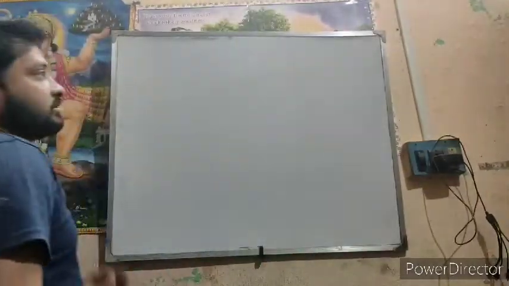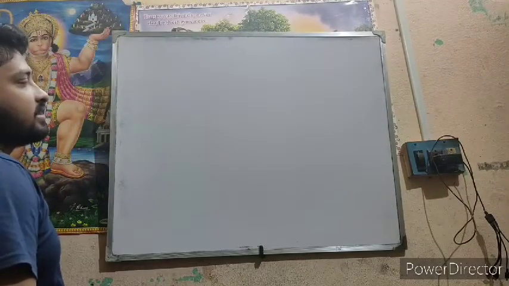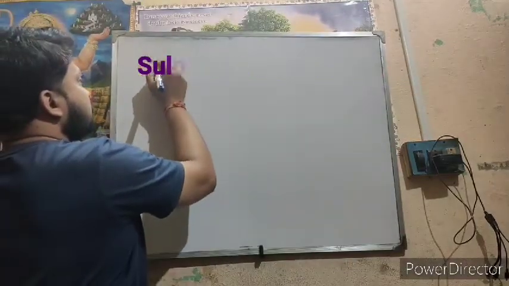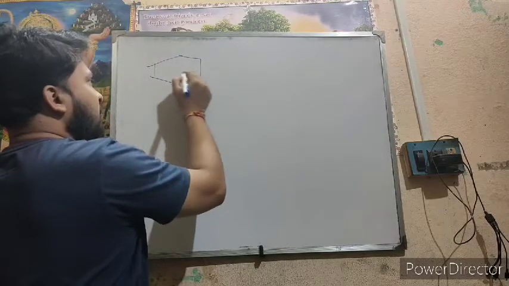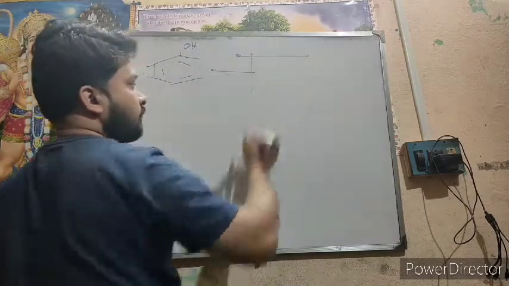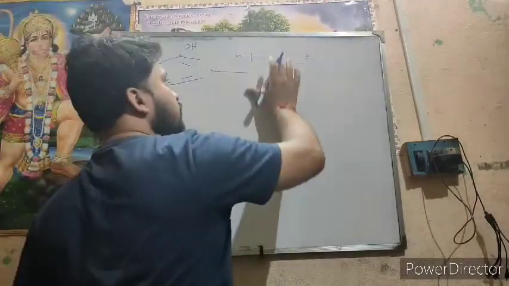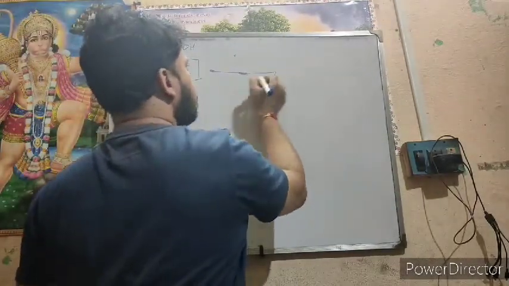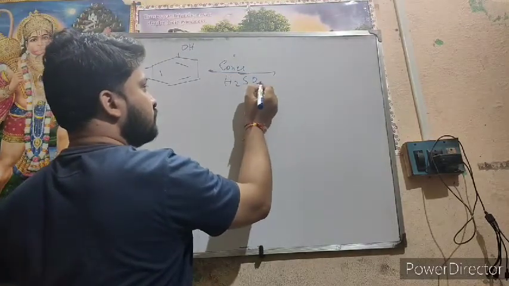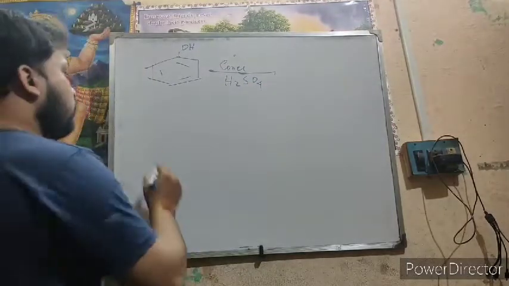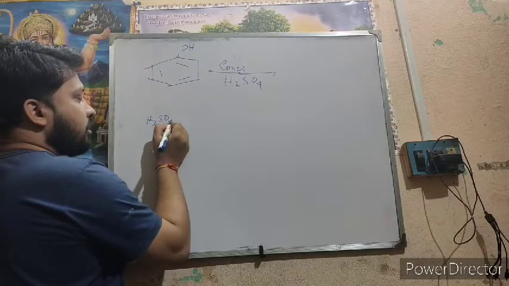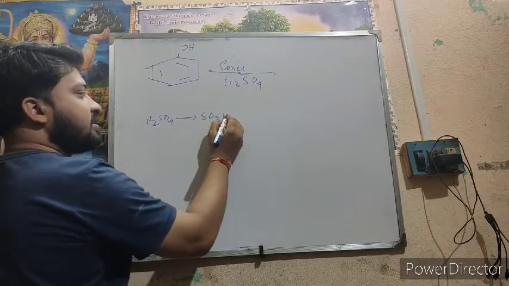Now the reaction is sulfonation. Those are very simple. For sulfonation, if you use concentrated H2SO4, we know that concentrated H2SO4 gives SO3H as the electrophile.